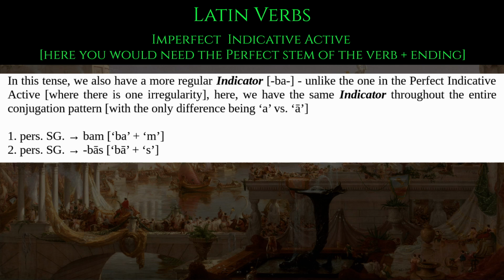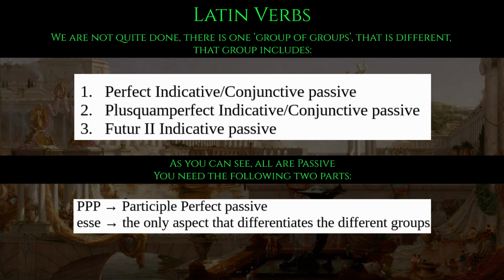Here is bar with a long R plus S. Now, sometimes there is a as ending, which you will see in other forms. Just note that the first person singular sometimes ends in rather than O for active and R for passive.